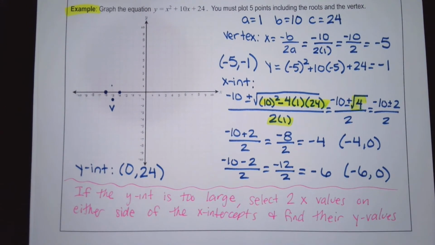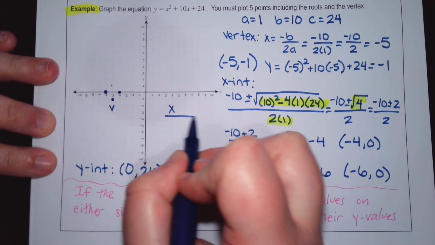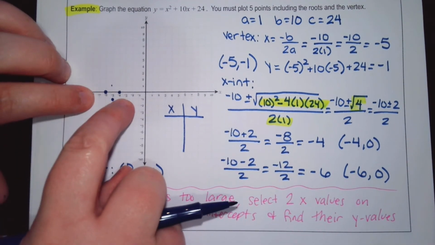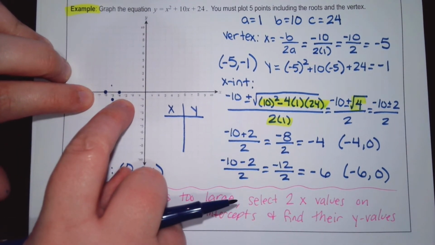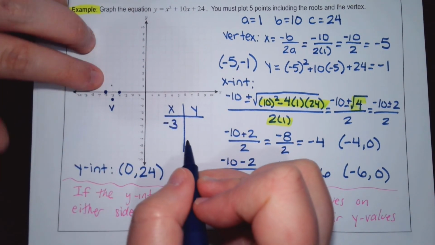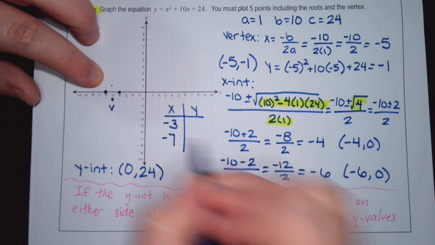So we're going to create an old school table, an x and y table of values. We want to pick an x on either side of the x-intercepts. So from negative 4, I'm going to choose negative 3. And then from negative 6, I'm going to choose negative 7.